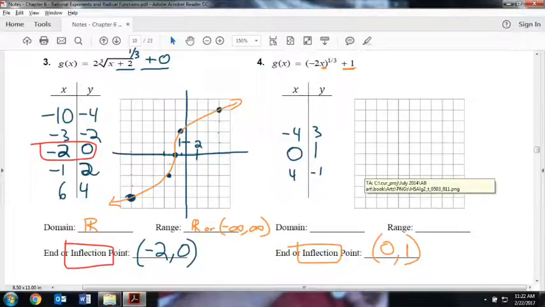Yeah, it's at -32, 5. So you know what? I'm not going to do that one. This is a good little chunking. So here we go. I got -4, 3. 1, 2, 3, 4, 1, 2, 3. I got 0, 1. And I got 4, -1.